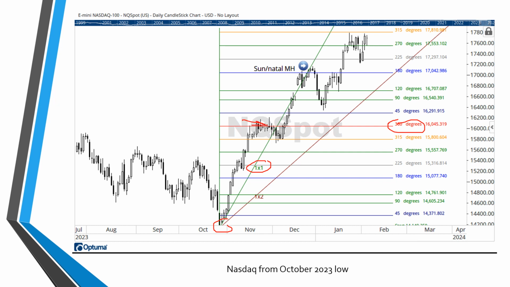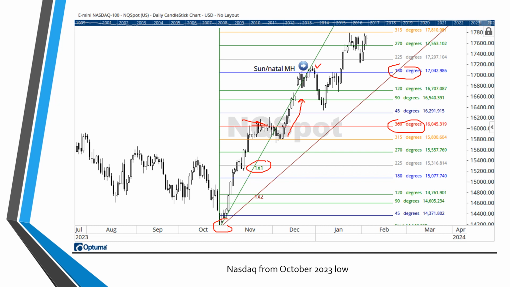And the market struggled for a number of trading sessions, and then it finally decided it was going to push higher. Notice that as it pushed higher, it followed the same slope as the 1x1 line, and then it eventually hit midway through the second revolution. It hit a little bit of overhead resistance.